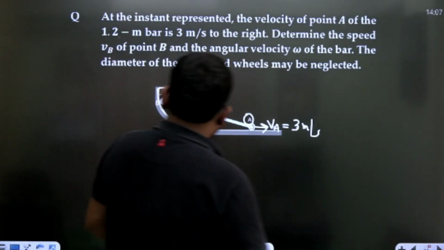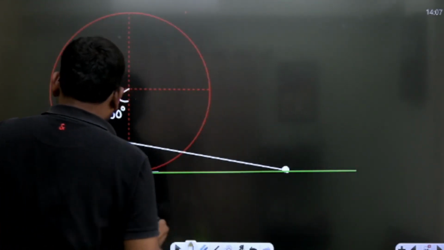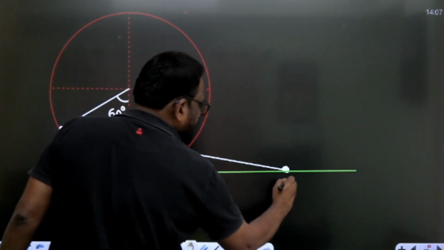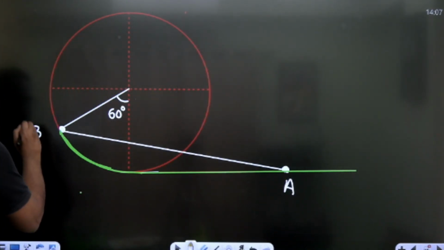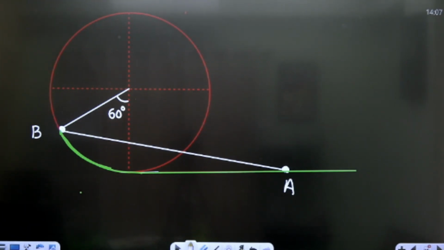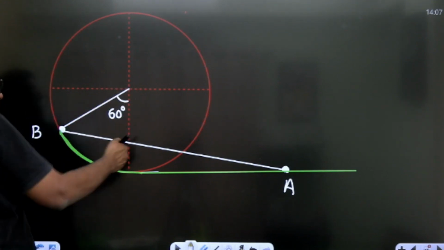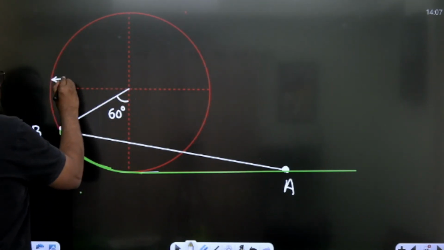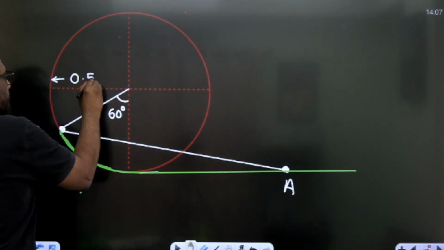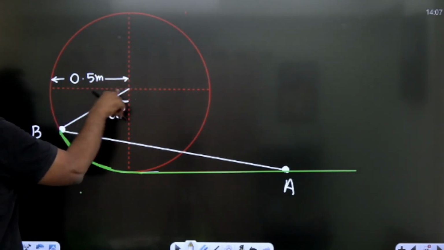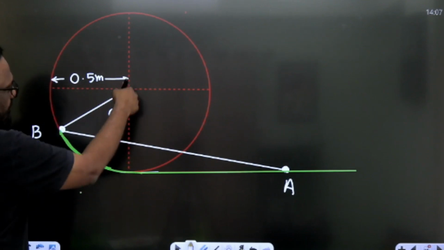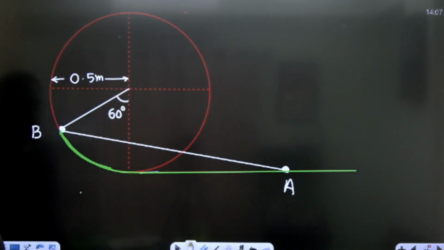This is A, and this is B. This length is given as, this radius is given as 0.5 meter. अगर ये 0.5 है तो ये भी तो रेडियस है, सो ये वर्टिकल लेंथ इज आल्सो 0.5.